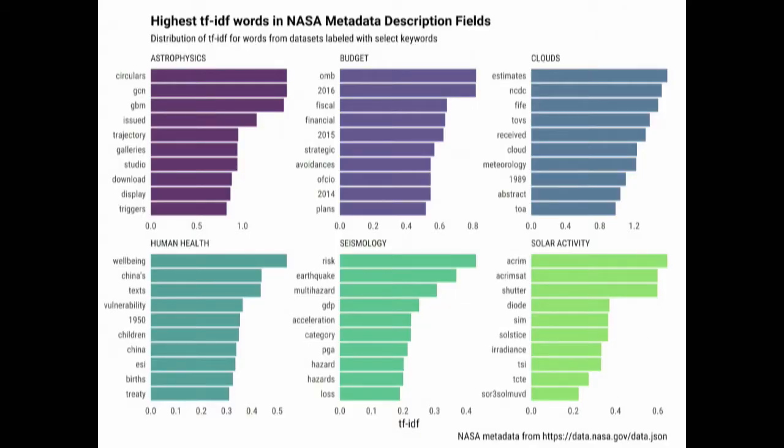And you can get a result like this. So this looks at TF-IDF for description files, and we see that, again, we're able to gain insight into the content of the description fields of this NASA metadata using this powerful technique that can be applied to many different kinds of data.